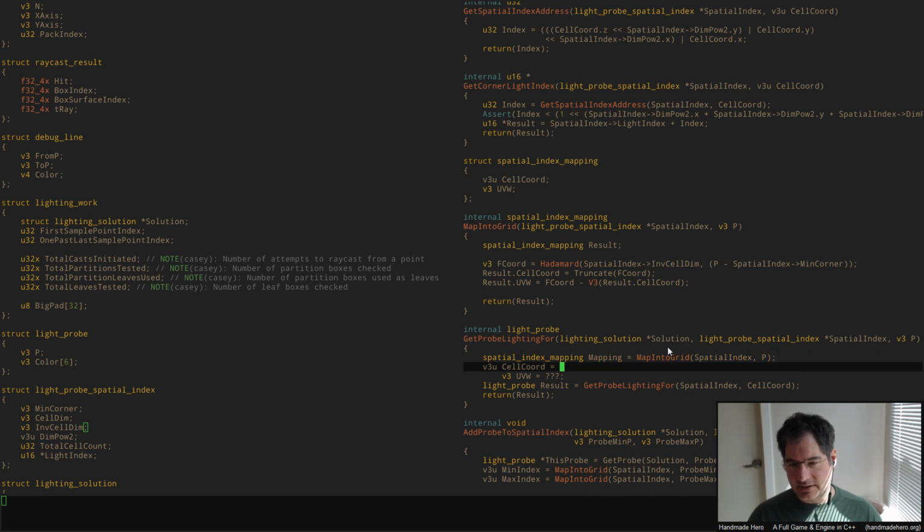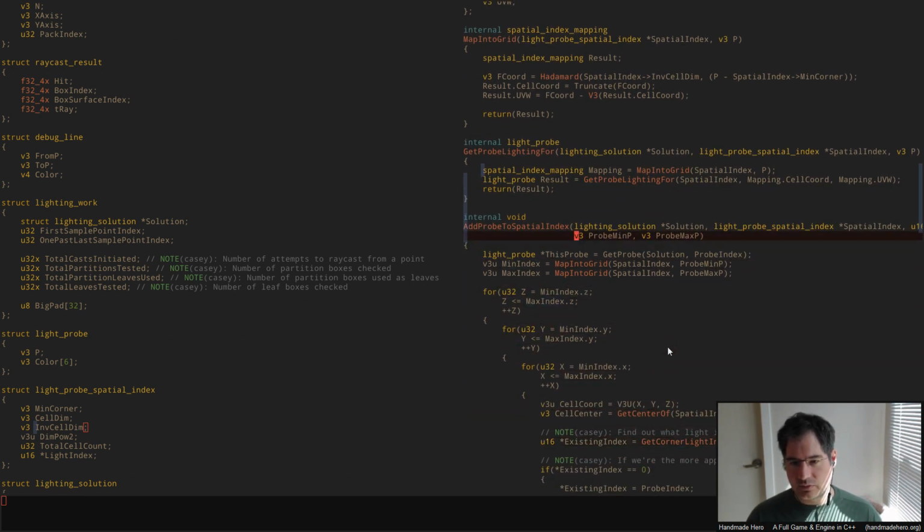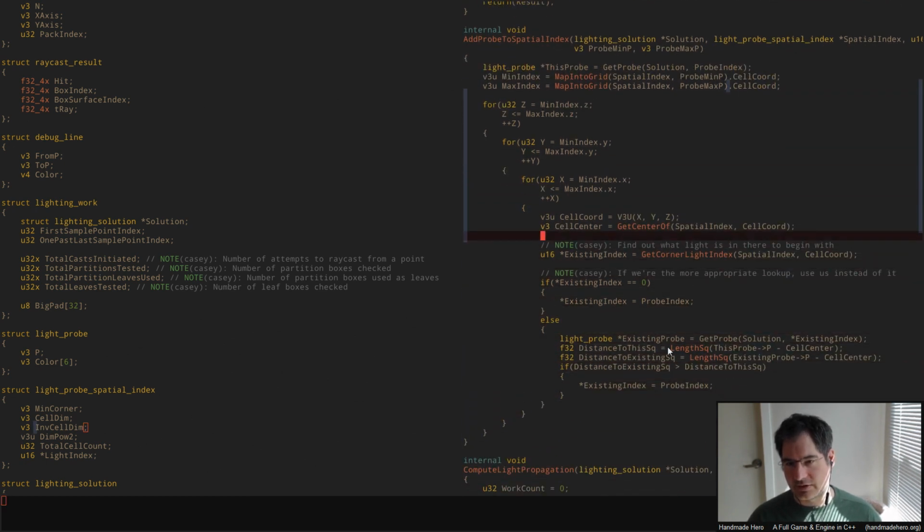So here I can get my cell chord, but I can also get my UVW, right? So that seems fine. And when we do the map into grid here, we only really wanted the cell chord, so we can just pluck that out and skip the UVW entirely because we don't care what that UVW was anyway. And then I think we're pretty much good to go.